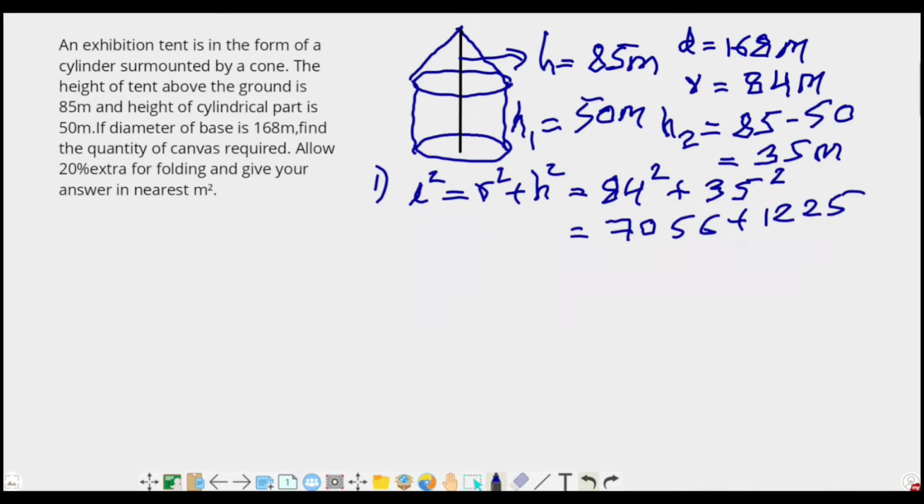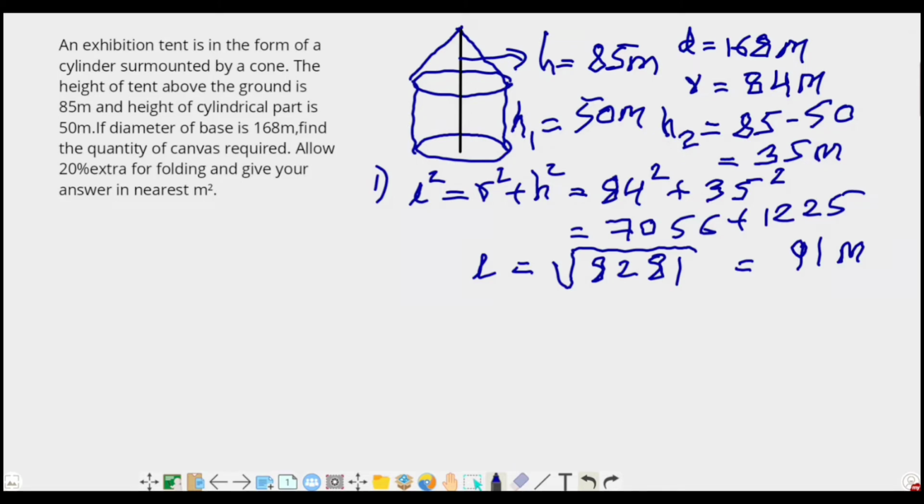Add both. Your L will be the square root of that sum. So it is 8281. What is the square root of 8281, students? 91. So your slant height is 91 meter.